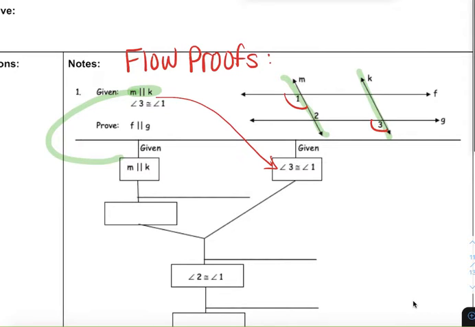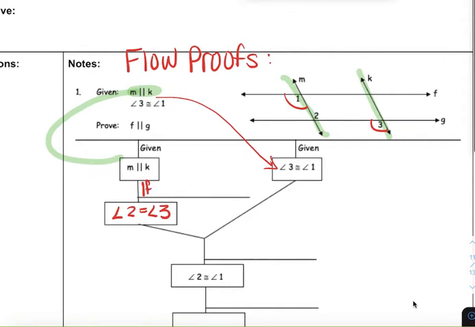Anytime you have angles or lines that are parallel, it will result in corresponding, alternate interior, alternate exterior, or same side interior angles somehow being useful for me. So if M is parallel to K, and if I just use the green lines, M is parallel to K, and then I use transversal G, then what I know is that angle 2 is congruent to angle 3.